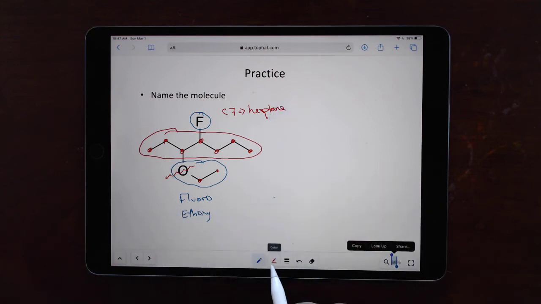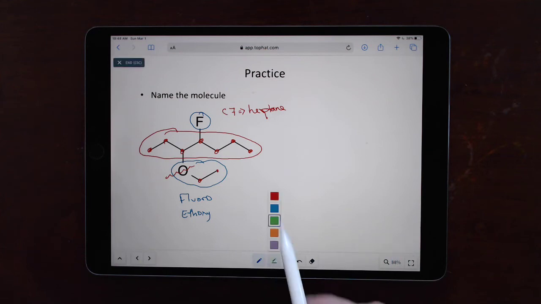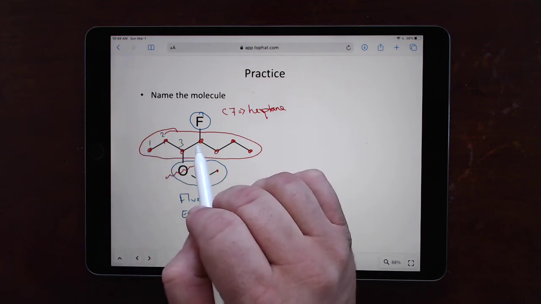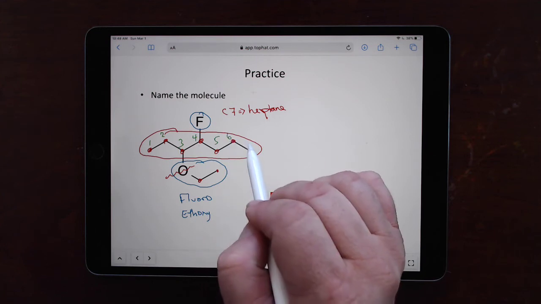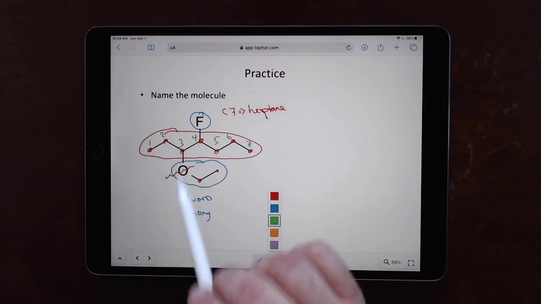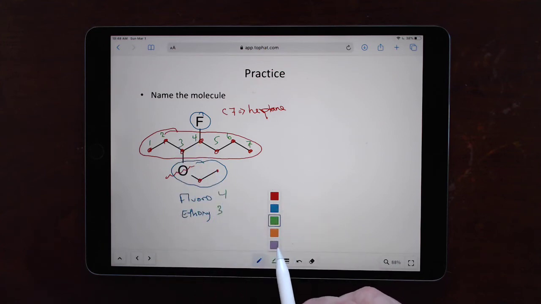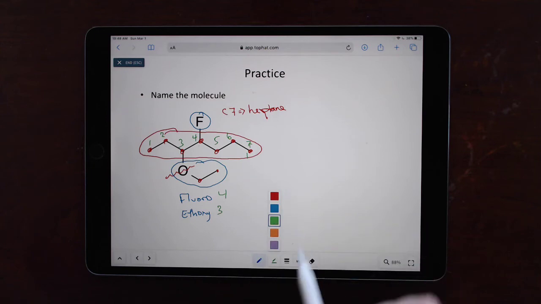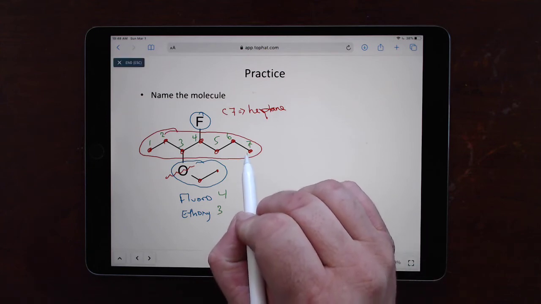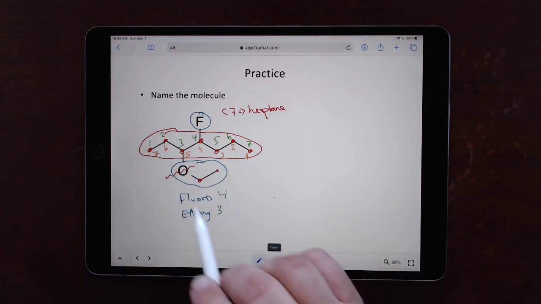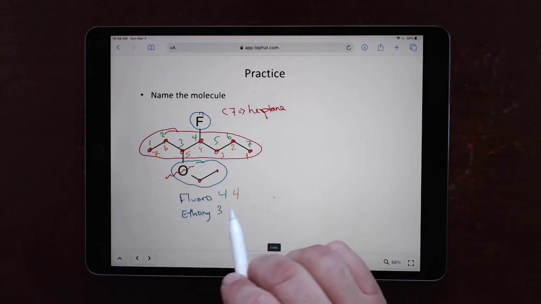And then for the numbering, we're going to go 1, 2, 3, 4, 5, 6, 7. So the ethoxy is hanging off of carbon 3, and the fluoro is at 4. If we want to do the other way, 1, 2, 3, 4, 5, 6, 7, the fluoro is at 4, and the ethoxy is at 5.